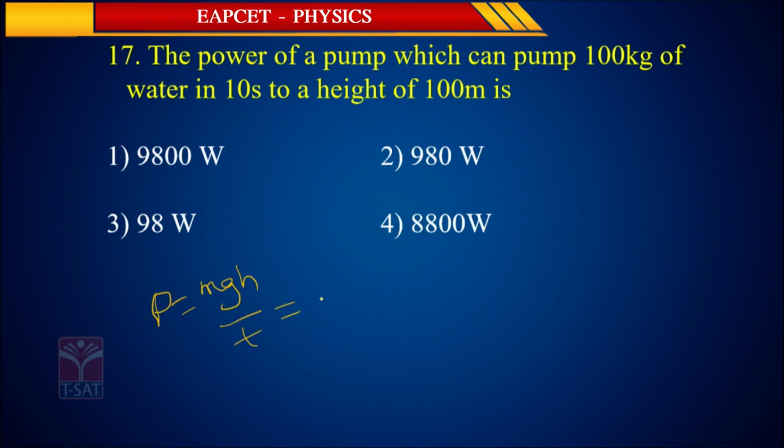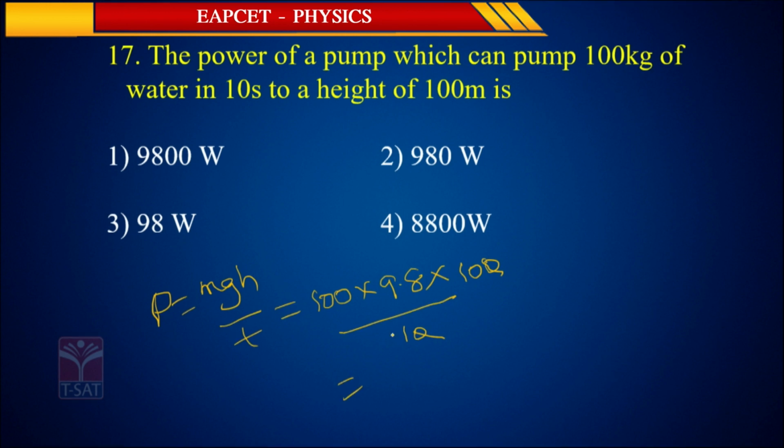Here mass is given. What is being asked? The power of the pump. Mass is equal to 1000 kg, given in the SI system. You take the g value 9.8 into the h value, height 100 meter, by time, how much? 10 seconds. The 0 and 10 get cancelled.